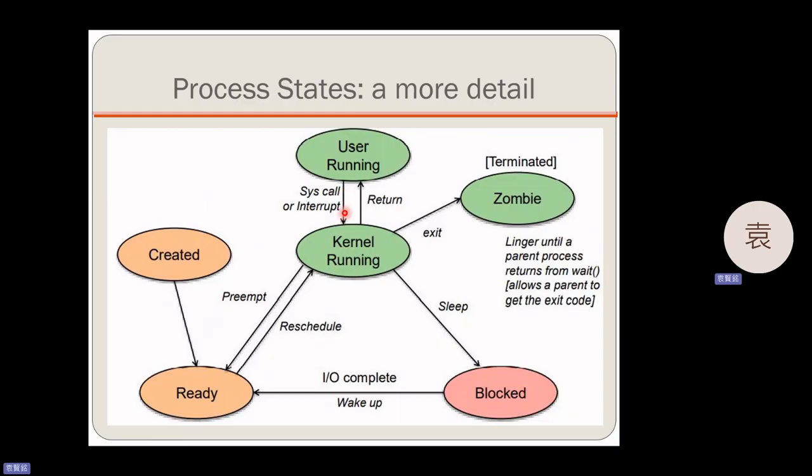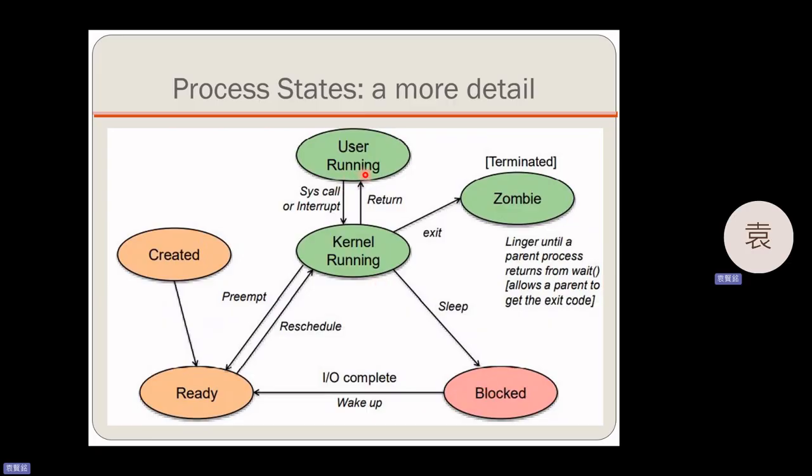But if the system call invoked by the user needs to access some I/O device, then after the CPU changes to kernel mode, before it can use this I/O device, the process needs to be moved to become blocked, because now it's waiting for the I/O device to finish its request.